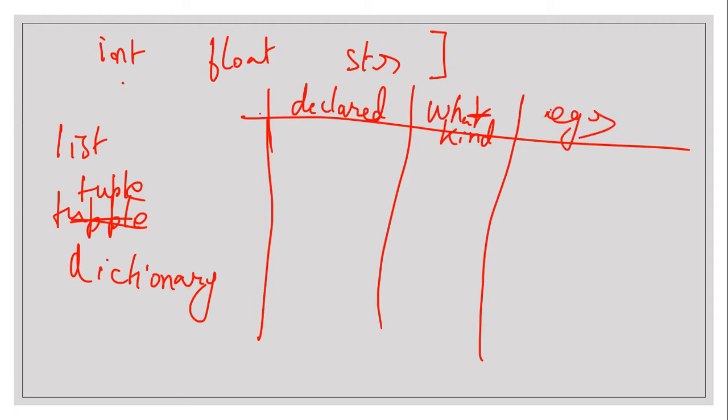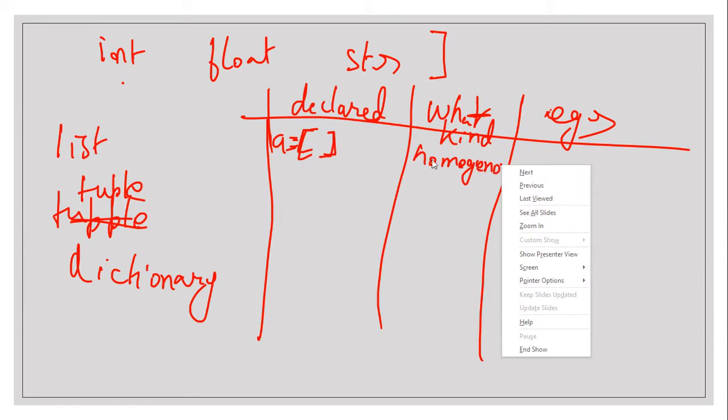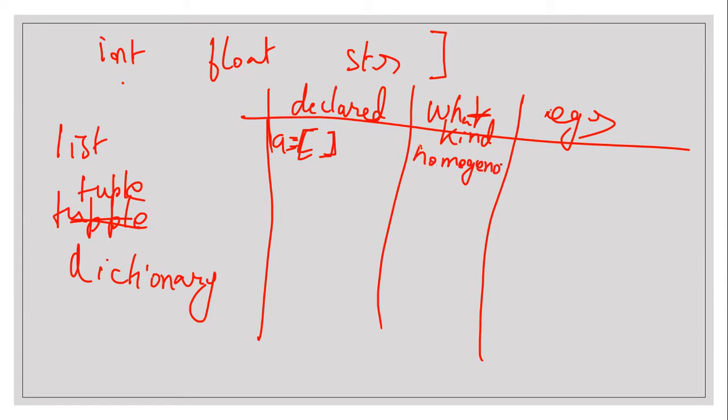Okay, so list is declared like this: a is equal to square brackets. What kind of data is stored in a list? Basically homogeneous. No guys, it's not homogeneous, I'm just testing you. It's heterogeneous.